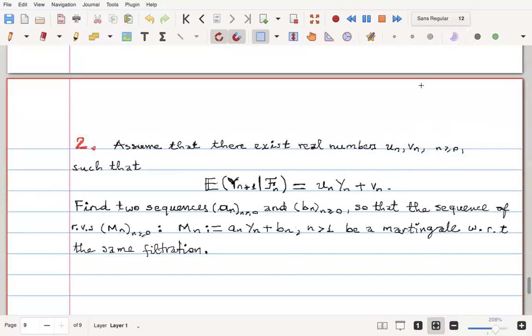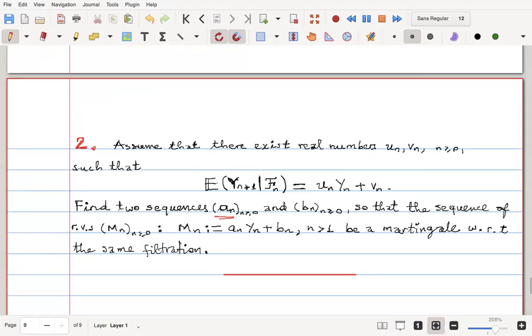So as we said, what we want to find is the sequences An and Bn.